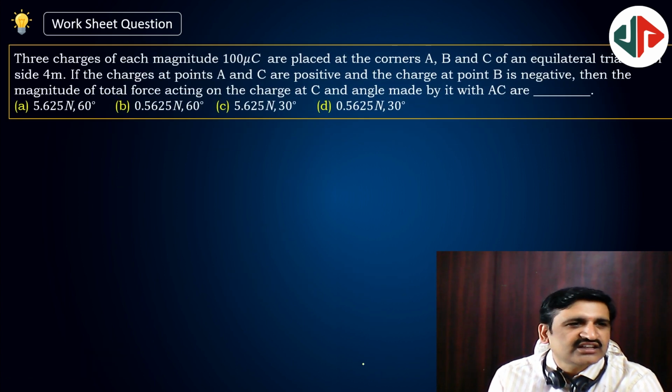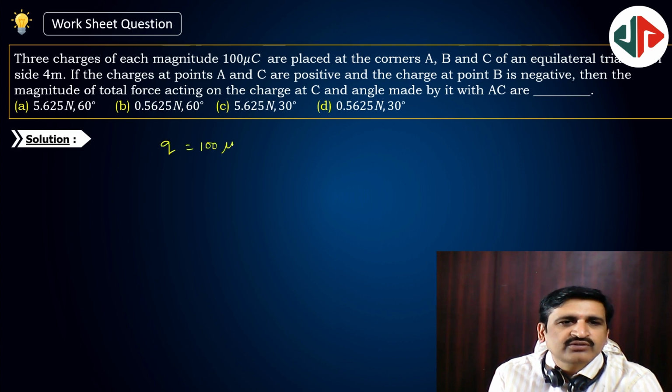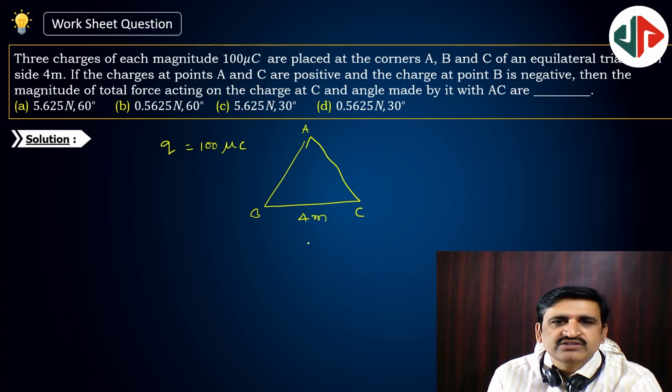Yes. Next. 3 charges each of magnitude Q equal to 100 microcoulomb are placed at the corners of an equilateral triangle ABC of 4 meter side. If the charges at A and C are positive and charge at point B is negative, then the magnitude of total force acting on the charge at C, and the angle made by it with AC is.